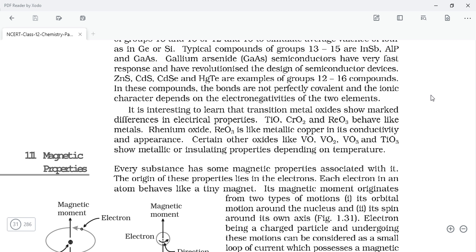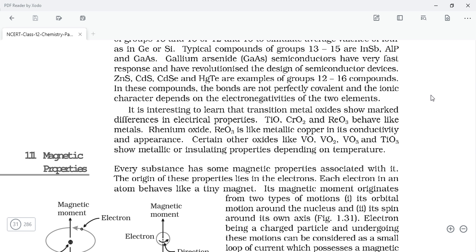ZnS, CdS, CdSe, and HgTe are examples of group 12-16 compounds. In these compounds, the bonds are not perfectly covalent and the ionic character depends upon the electronegativity of the two elements. It is interesting to learn that transition metal oxides show marked differences in electrical properties.